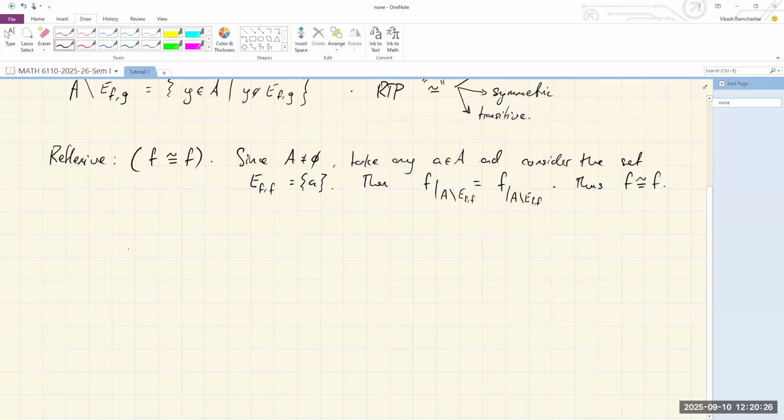The next one is symmetric. So for symmetric, I need to suppose I have two functions, f and g, and f is related to g.